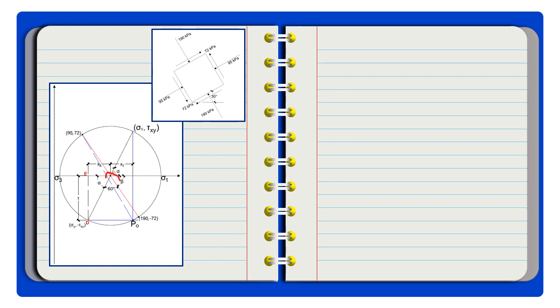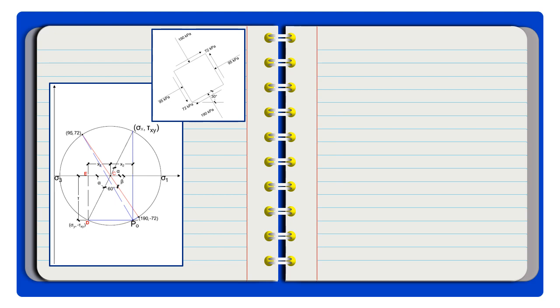Ito yung radius na nakakonekta sa center papunta dun sa 190 kilopascal and negative 72 kilopascal na shear stress. So, that will be rotated clockwise 30 degrees sa element. Pero pag nirotate natin siya on our Mohr's circle, we have to double the 30-degree angle into a 60-degree angle.